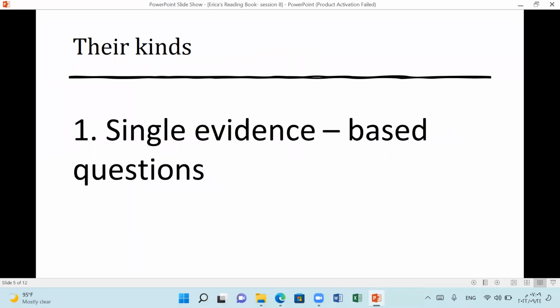But we have 2 kinds of evidence-based questions. The first one is the single evidence-based question. This means that this question is standing alone by itself. You are going to deal with it, with its heading, as one question only.